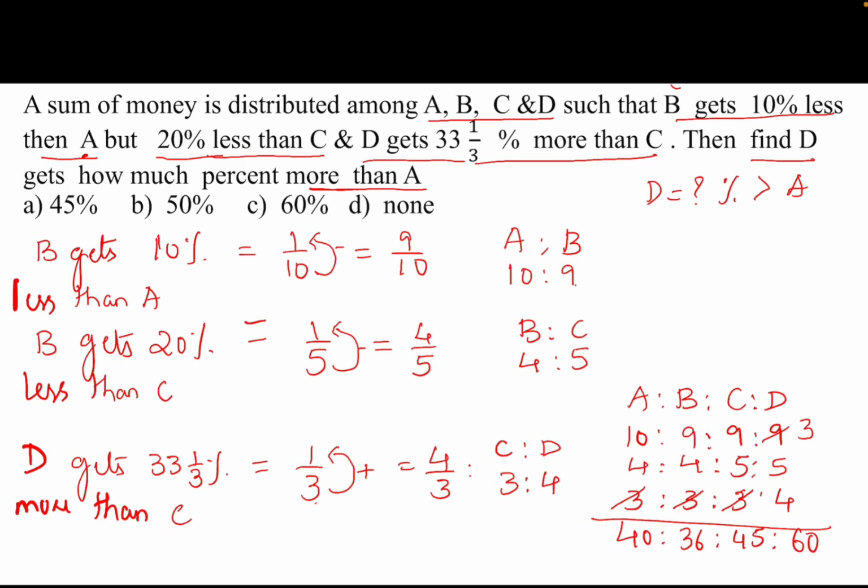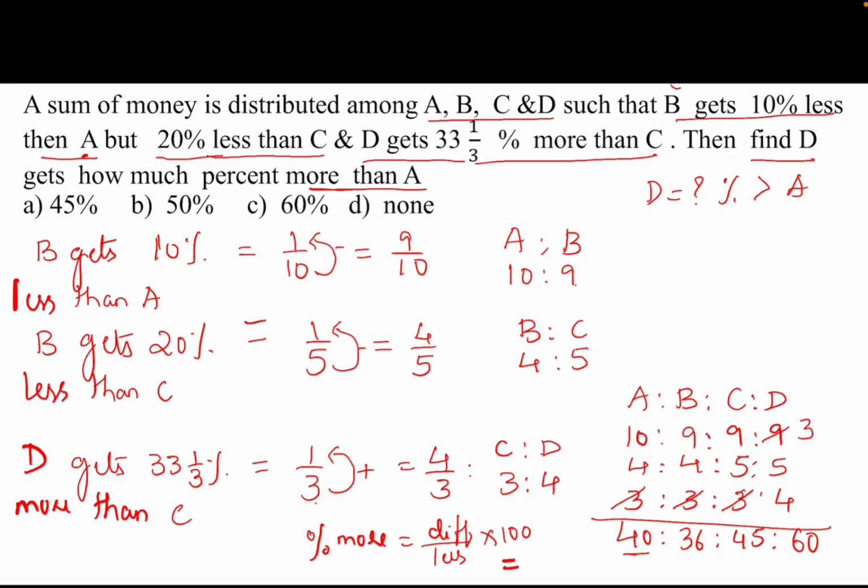Now they are asking to find how much more D gets than A. Okay. Now percentage more, how to find out? We know it is difference divided by less into 100, isn't it? So the difference between D and A is how much?